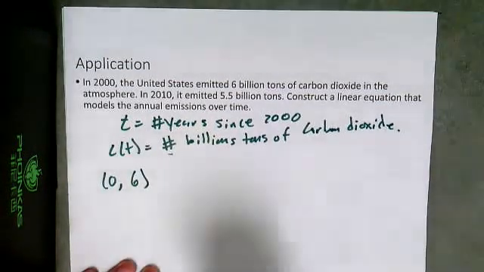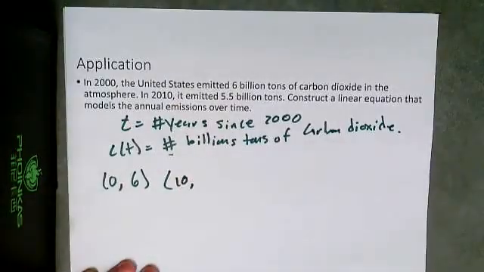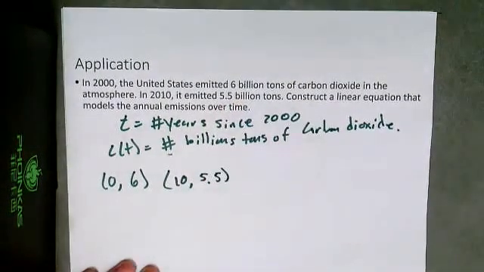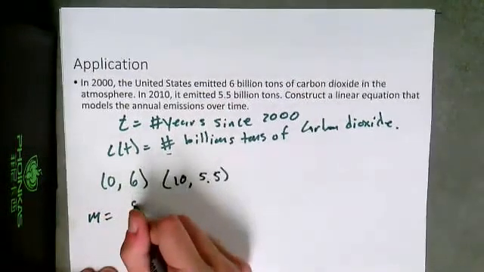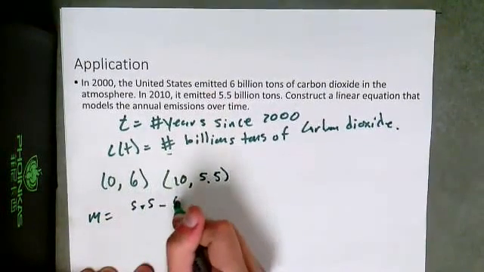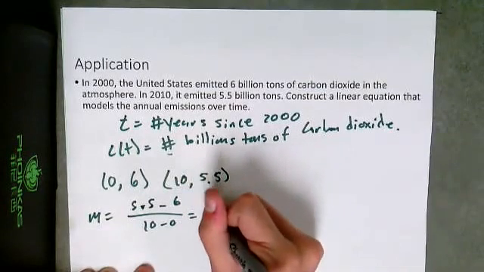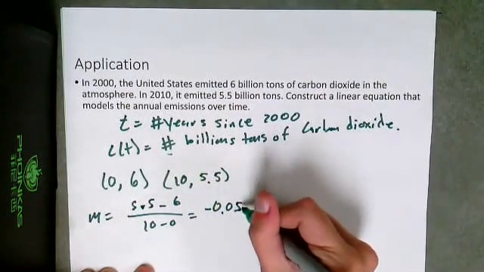And then the next point, 10 years later, in 2010, it had decreased to 5.5 billion. So we have 2 points. Let's calculate the slope between those two. This is 5.5 minus 6 over 10 minus 0. This is negative 0.05.